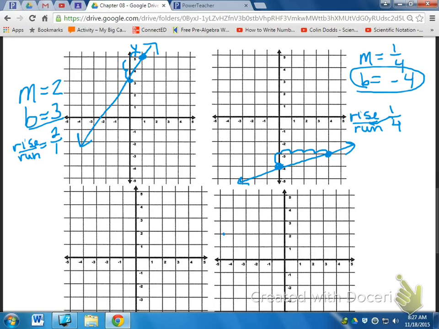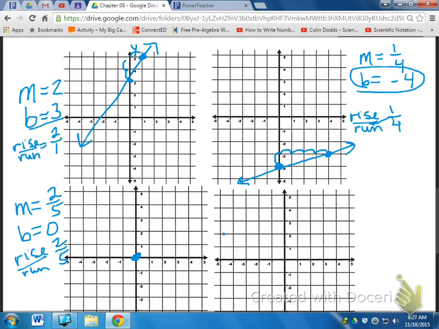Okay, let's look at this one. The third one, it says slope is 2/5, and the y-intercept was 0. So that means that my point for the y-intercept is going to start here at 0, the origin, and it's rise over run, which is 2/5.